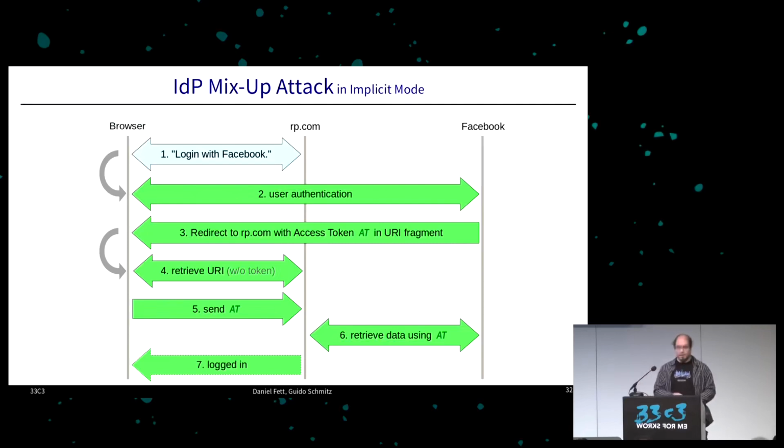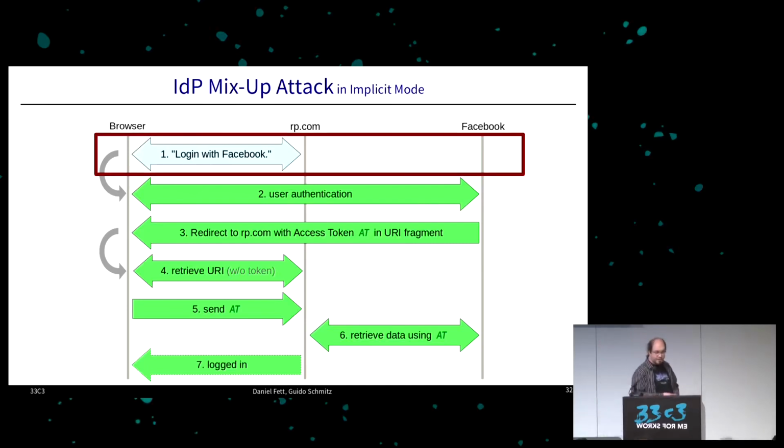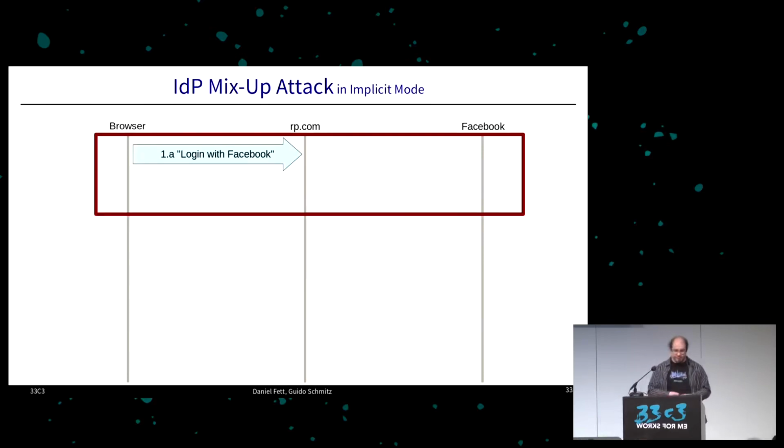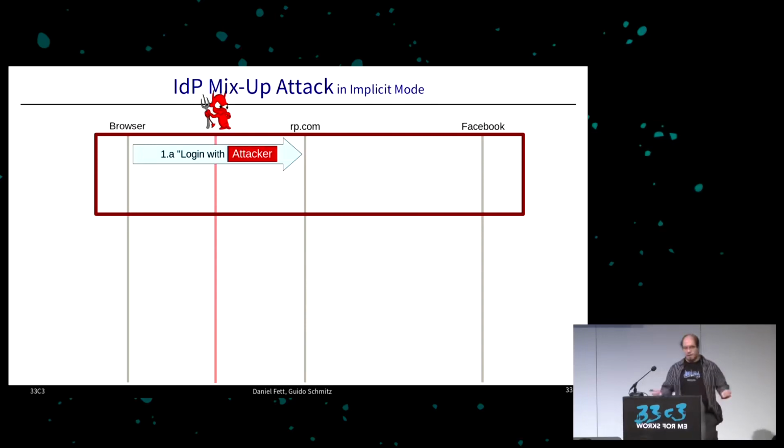So an attacker who, for example, sits in the same Wi-Fi network as you, so probably the guy next to you, could easily mount the attack as follows. When your browser sends this request to a relying party, "log in with Facebook," the attacker can easily change it to just use the identity provider that is run by the attacker.